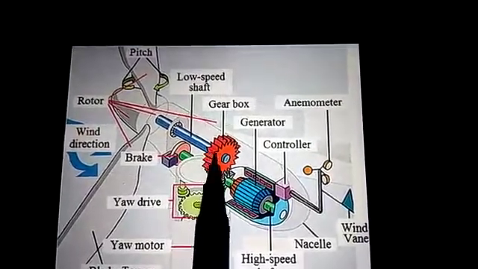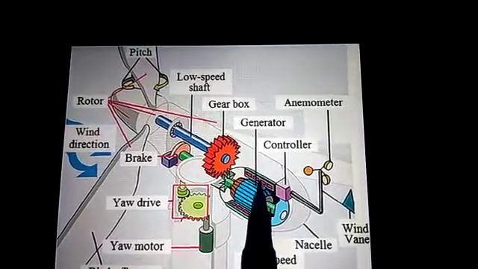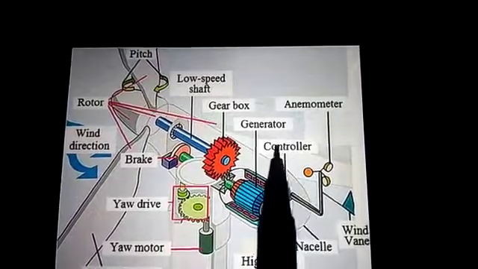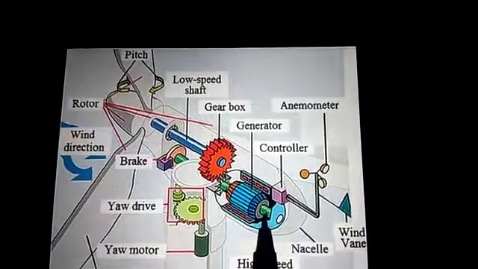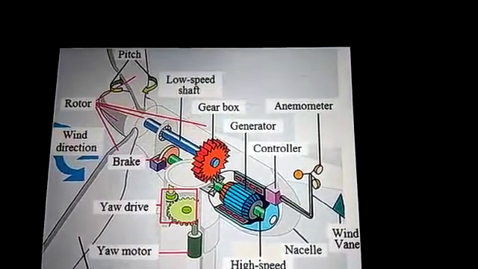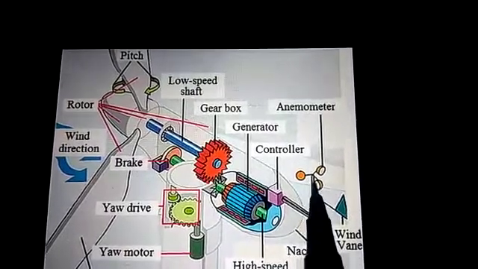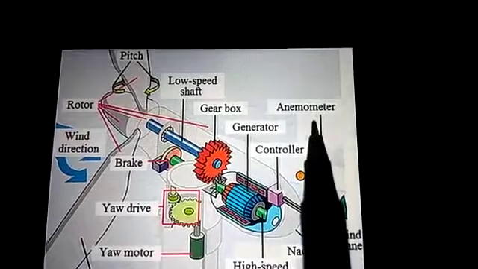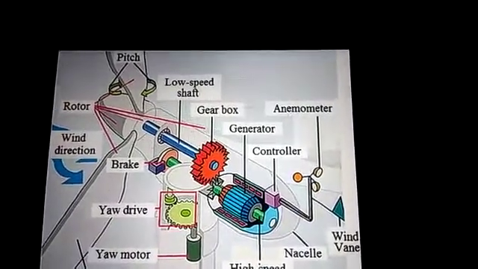This is the gearbox, and this is the generator, and this is the controller, that means the switches controller. In green shade is the high speed shaft, and this is the nacelle, and this is the anemometer. These are all the main parts inside the turbine.